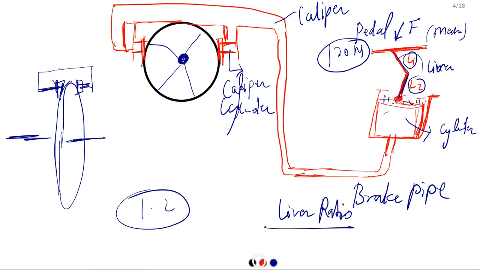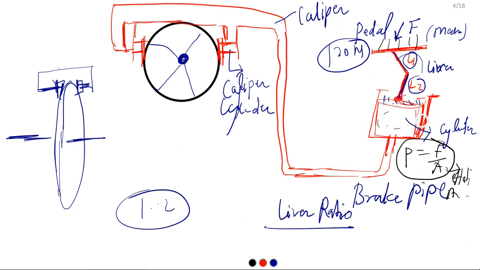The pressure at this point will be force upon area. What is this area? The cross-sectional area of the cylinder, the effective area of the cylinder. So you can calculate the pressure of the cylinder after application of a certain amount of force.